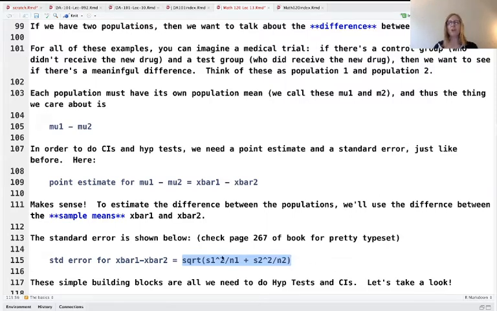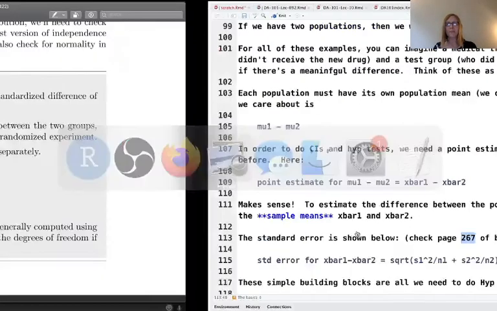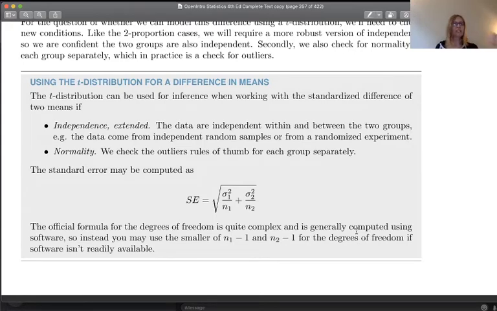And I want to show you, it might be a little bit hard for you to read in text like this. If you want to see a pretty version of this, you can go to your textbook. I'll do that right now. Page 267. Here's page 267, which shows you the standard error for this stuff. Here's the kind of more mathematical typeset version of the same thing. If that helps you, you can take a look at this.